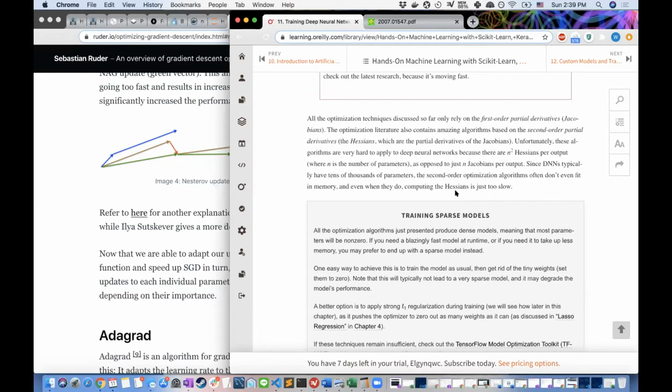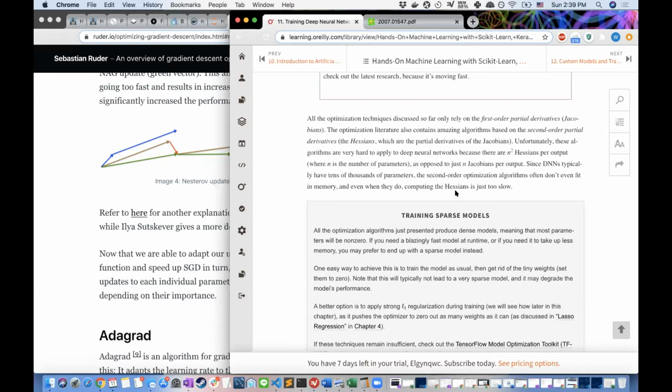If you're trying to estimate where a function is going to go, given where it is at this point, it's helpful to have this. So far, the techniques we've looked at just consider the first derivative, but you can get a better estimate if you also take into account the second derivative, right?